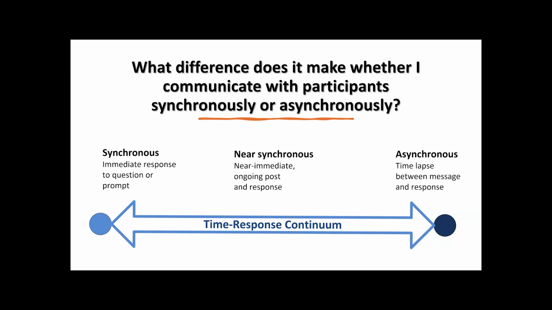But I've also added what I call near synchronous. And so here, this would be where we're having, not necessarily an immediate response, but we expect the person to respond soon.